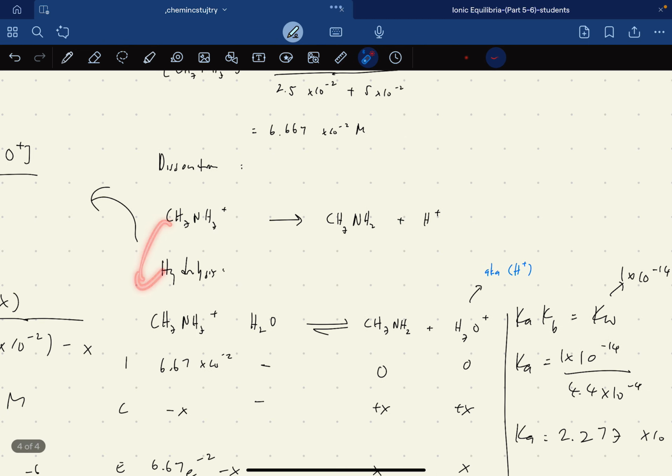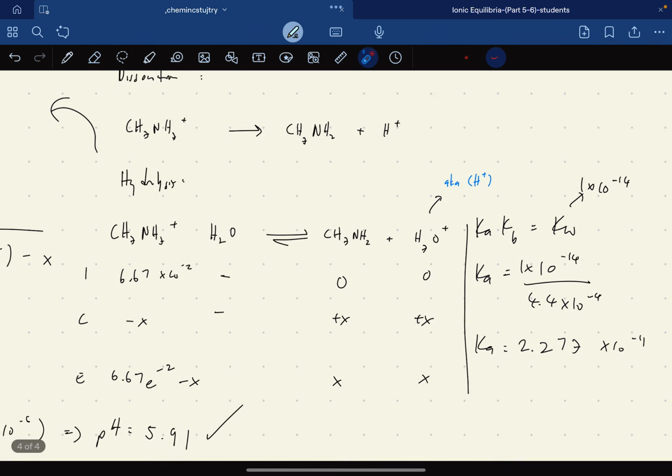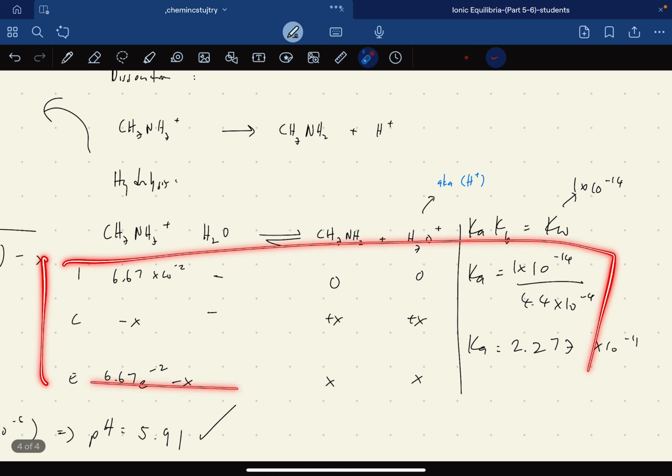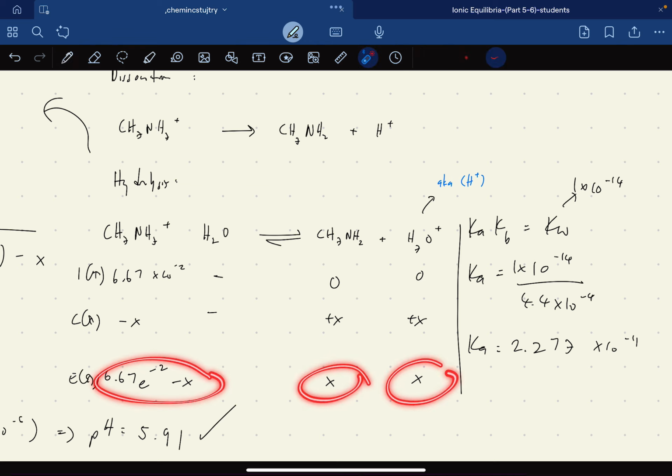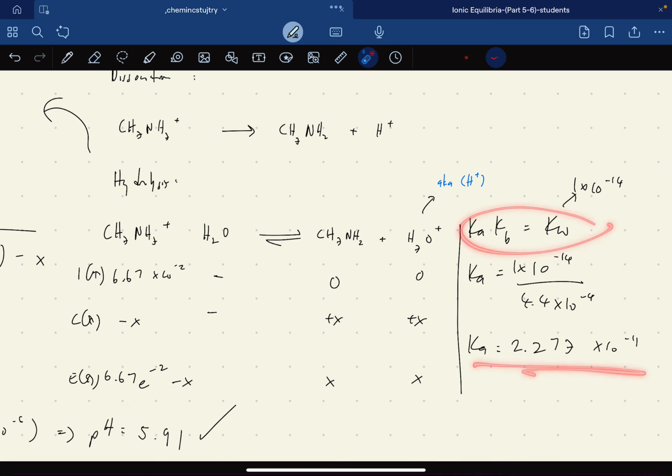Then we do hydrolysis. We add water, we get H+. Ice table in unit molarity, we find the concentrations at equilibrium. We find Ka using Ka times Kb equals Kw.